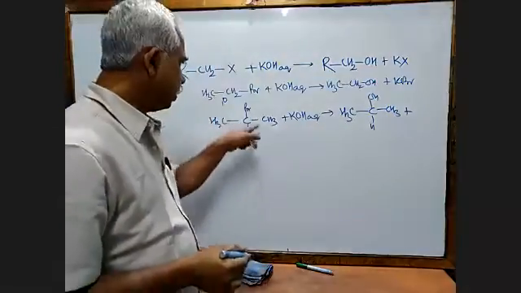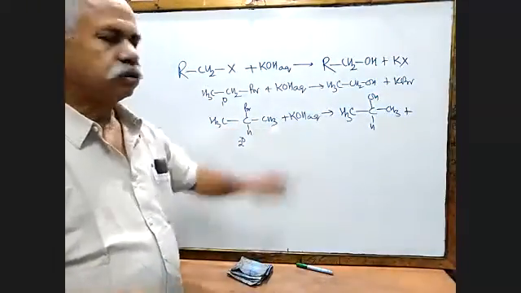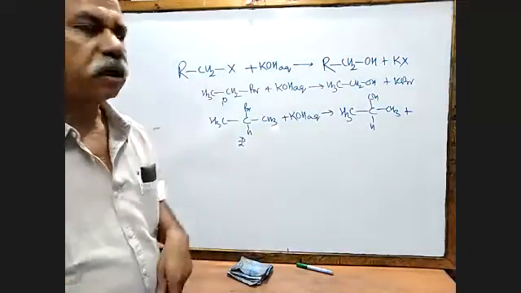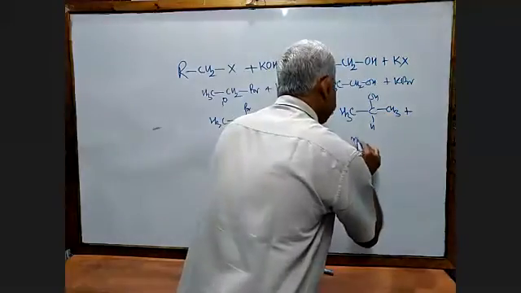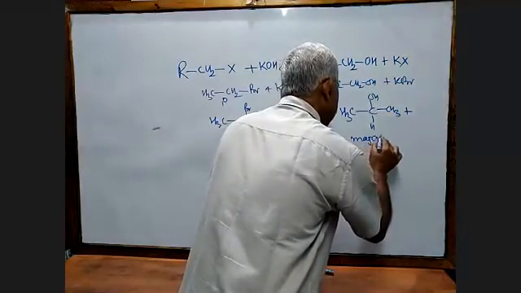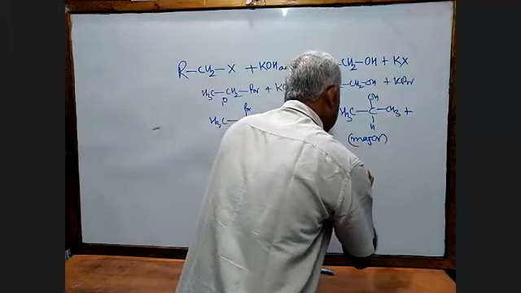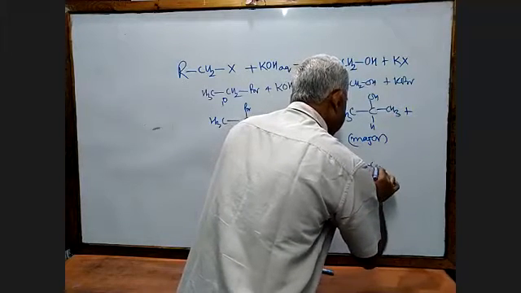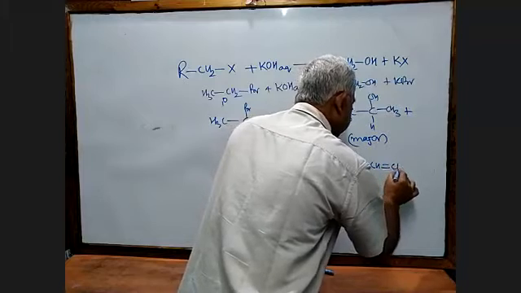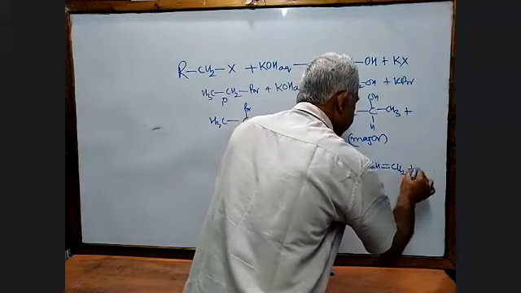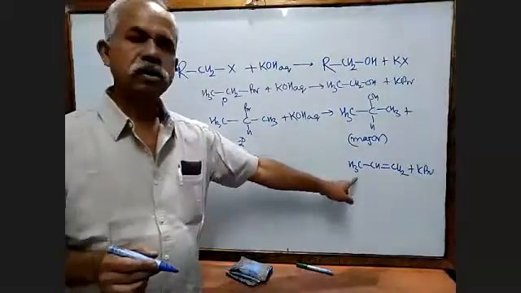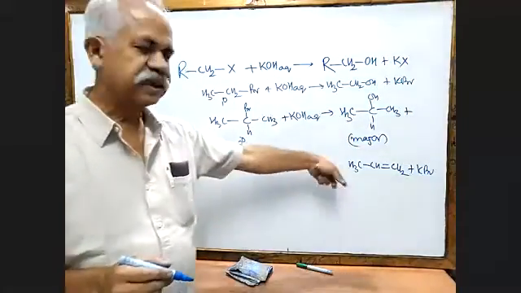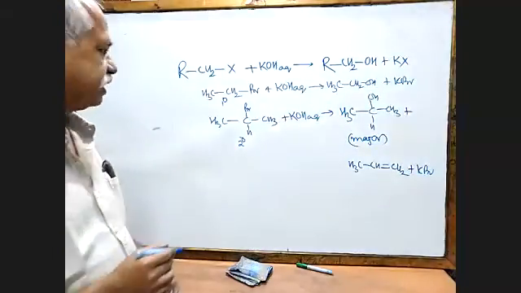Why? The moment you go for secondary, it is going to form a mixture of alcohol and alkene. The alcohol will be the major product, but a small amount of alkene is also going to form because of elimination, which I am going to discuss later. You get a small amount of this. In the school exam you need not write it.